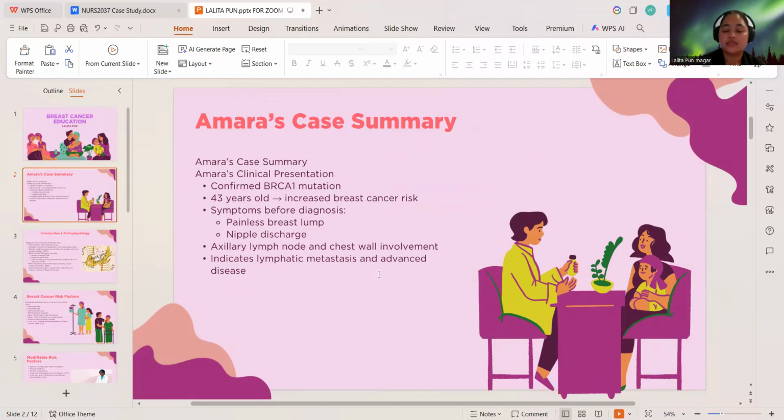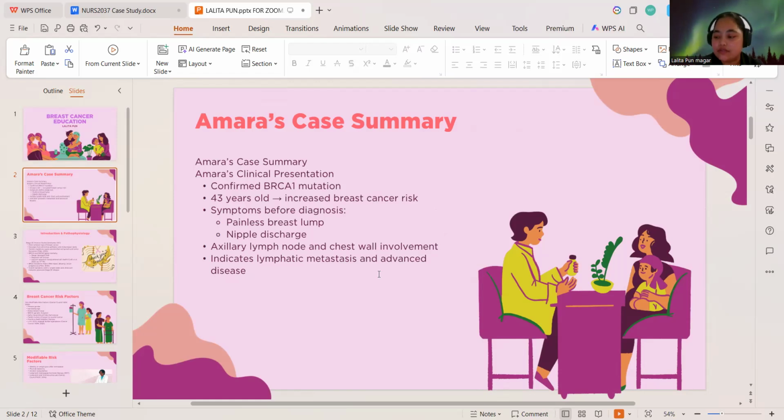So Amara has been diagnosed with stage 3C invasive ductal carcinoma, the most common form of breast cancer. Breast cancer develops when abnormal epithelial cells lining the breast ducts undergo genetic mutations, which leads to uncontrolled growth and tumor formation. Normally tumor suppressor genes such as BRCA1 and BRCA2 repair damaged DNA.